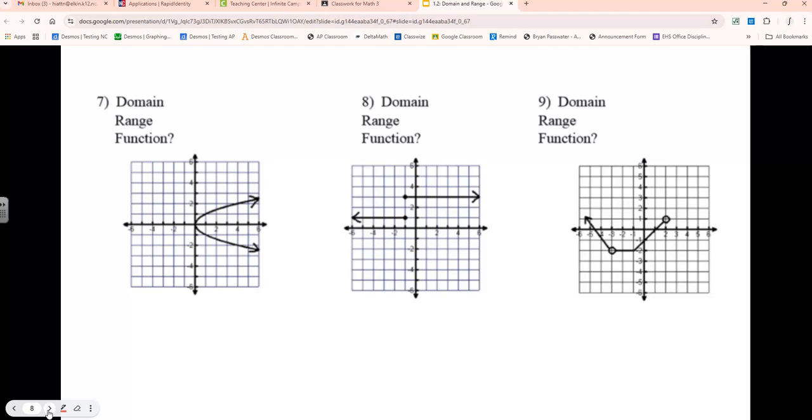Okay, let's do these, and then I think I'm going to move on from the notes. So for 7, your domain should be 0 to infinity. Have to use a parentheses with your infinity, bracket with your 0. What's the range on that one?